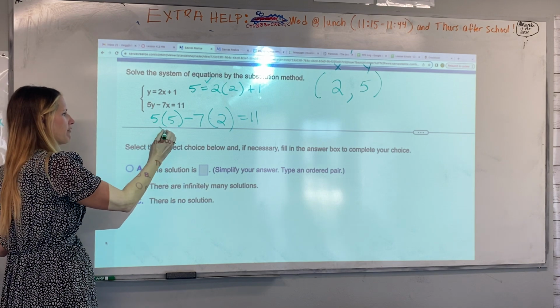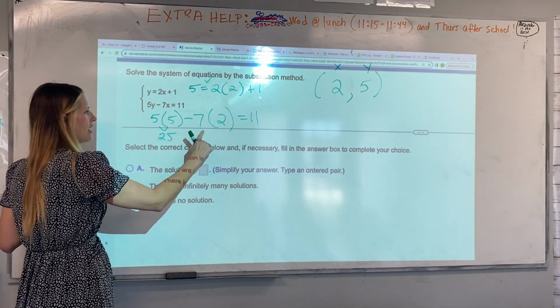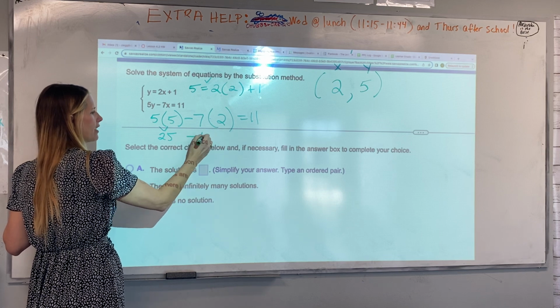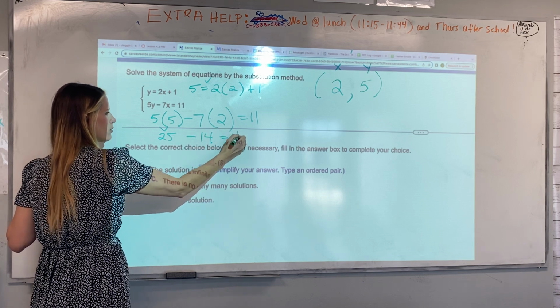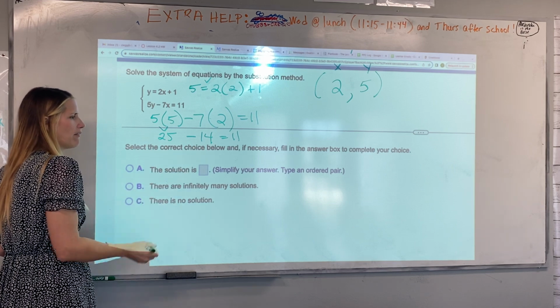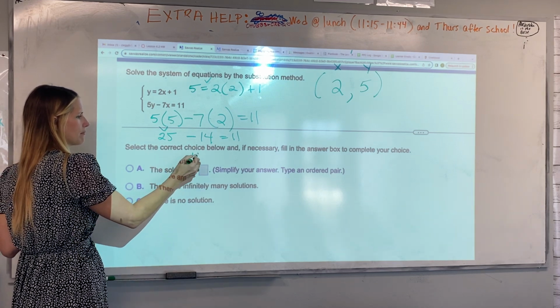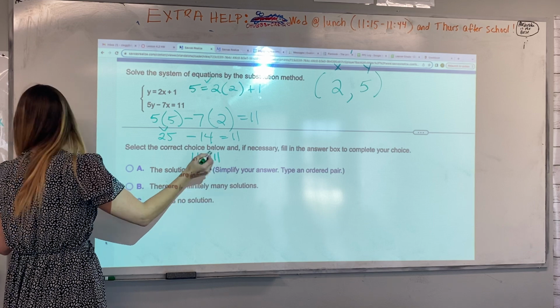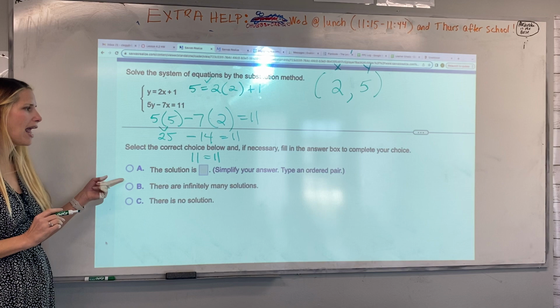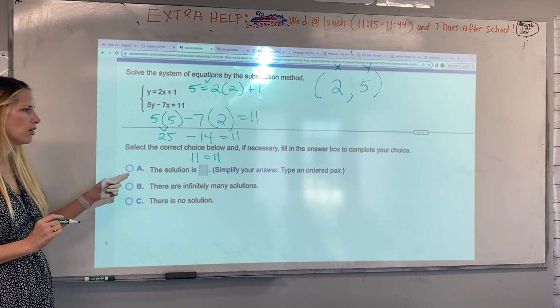You have to multiply first: 25, and a negative 7 times 2 is negative 14, equals 11. Does 25 minus 14 equal 11? Yeah, it does. So it checks out.